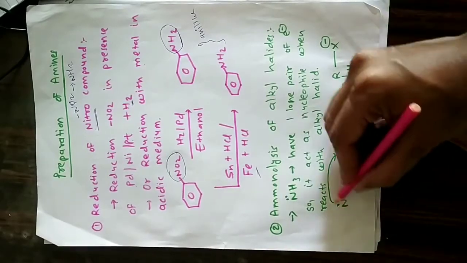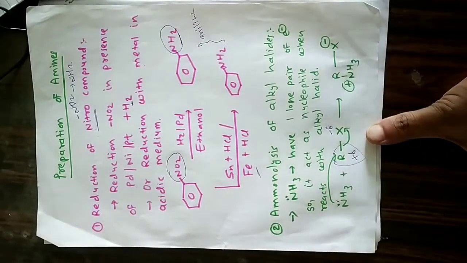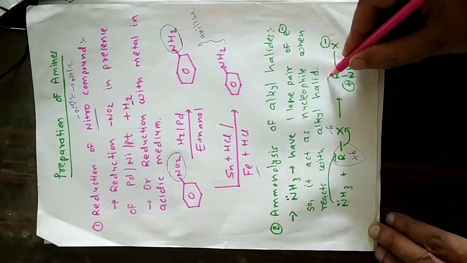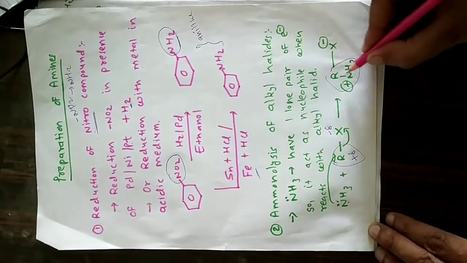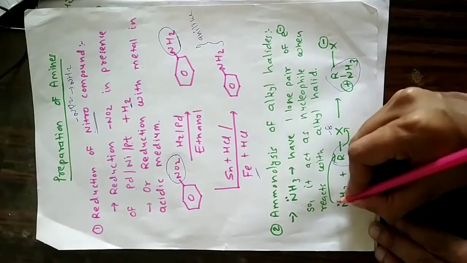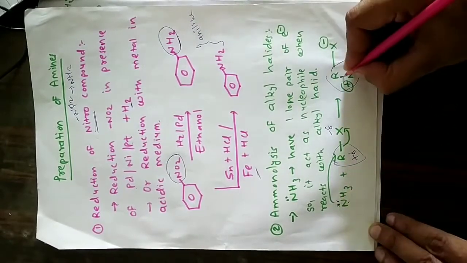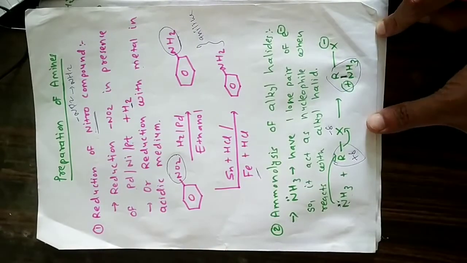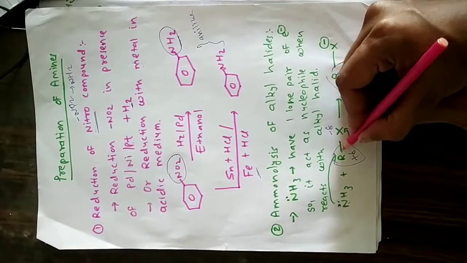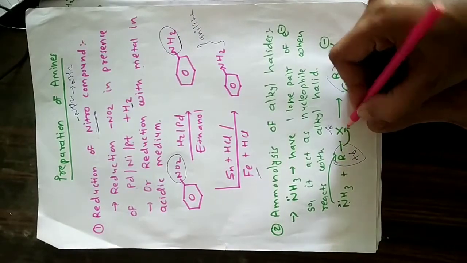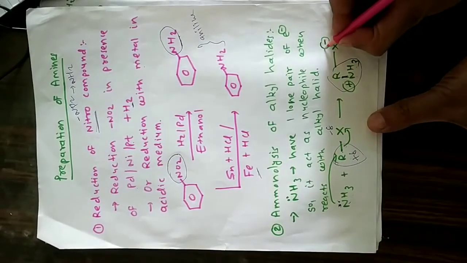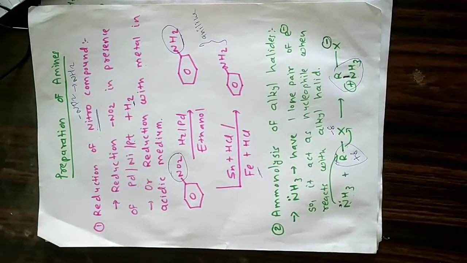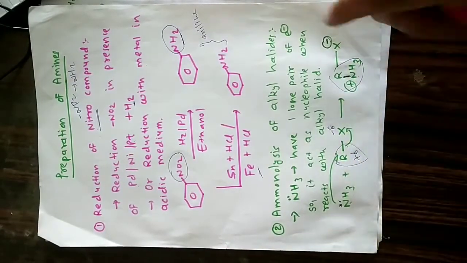These electrons are attracted towards this partially positive alkyl group, so it attacks on that, making this RNH3 positive ion, because these two electrons are used here in making of this bond. Now simultaneously these electrons shift towards halogen, so it becomes negative. This is your ammonium salt, alkyl ammonium salt.